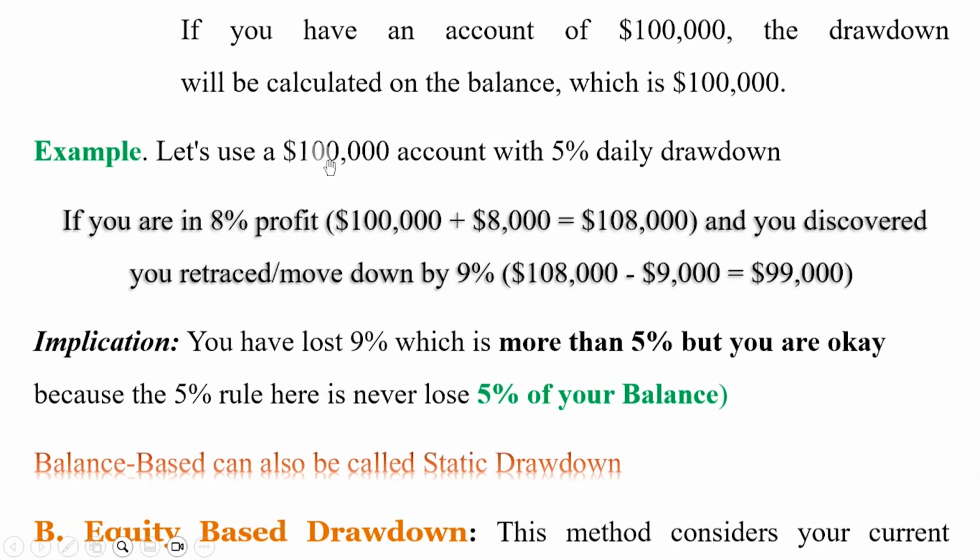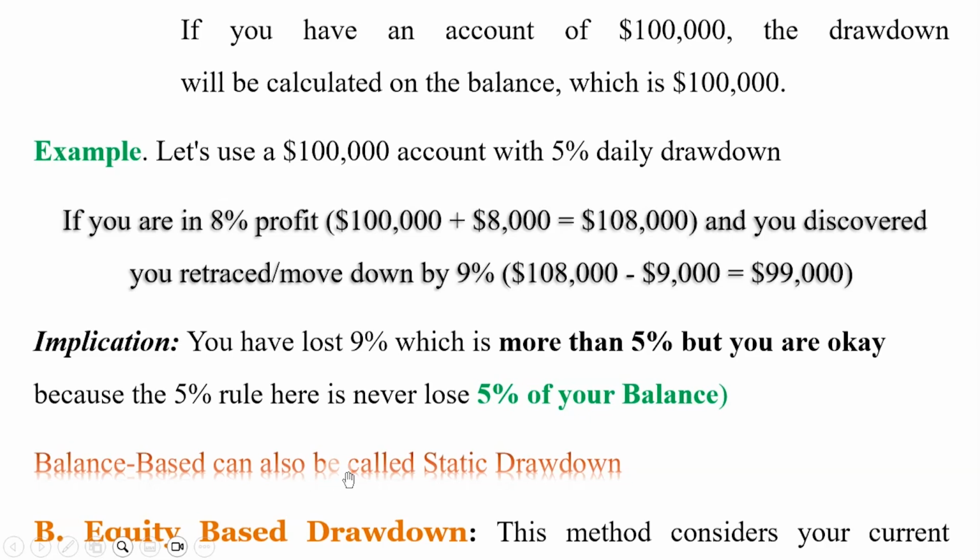Your balance is $100,000. So don't lose 5% of $100,000. So this 9% you lost here is in addition to the 8% profit you made. So this one is straightforward.